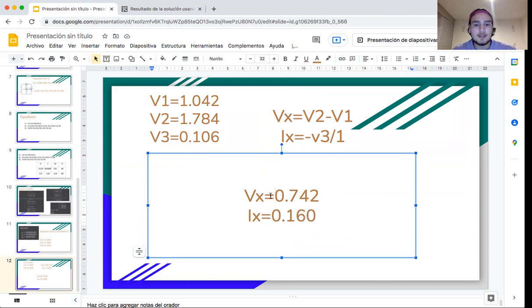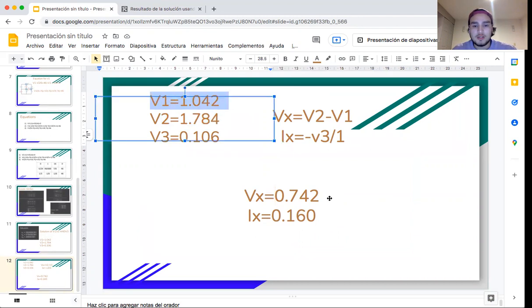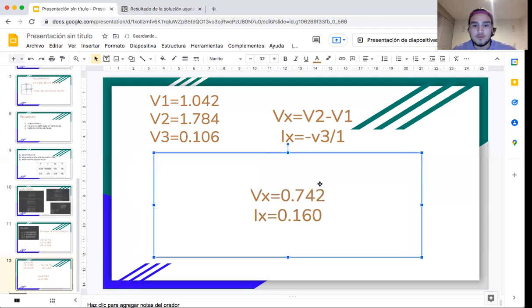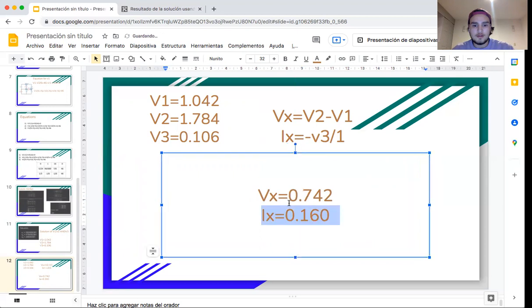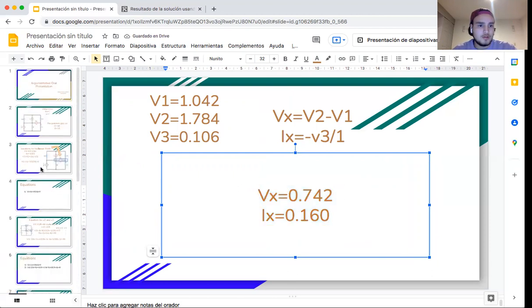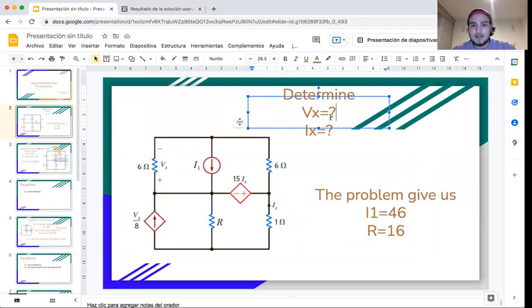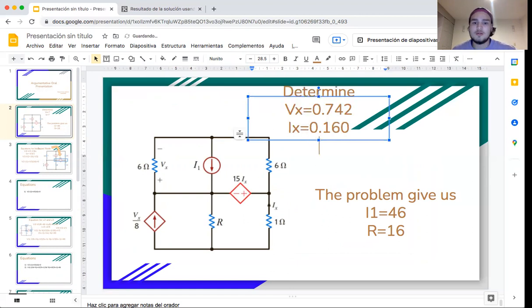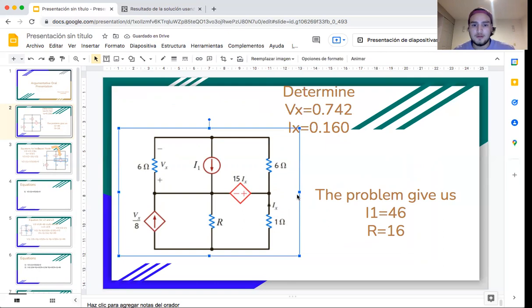And the Vx is V2, that is this one, minus this one, that is V1, which gives us this Vx. So now we conclude that the Vx is this solution. Thank you.